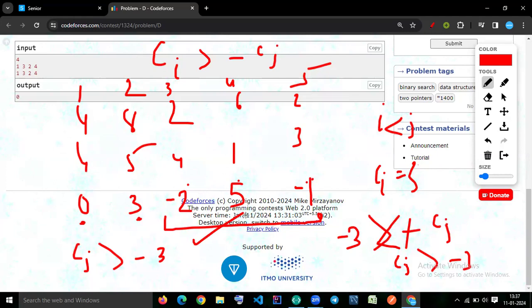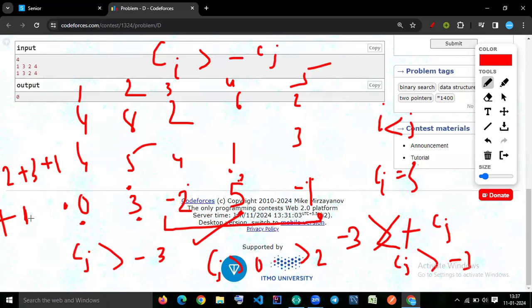Same thing for 0: we have to find all elements with C_j greater than 0, then we have 2 pairs, 3 and 5. For minus 2, C_j must be greater than 2, because minus minus becomes plus, so only one pair. And for minus 5, we want C_j greater than minus 5, which is minus 1 only. So this is one pair, with i less than j.